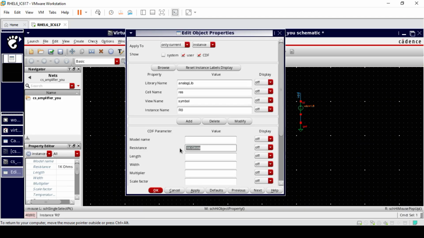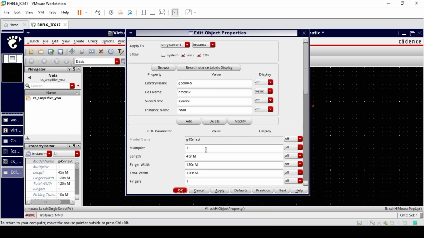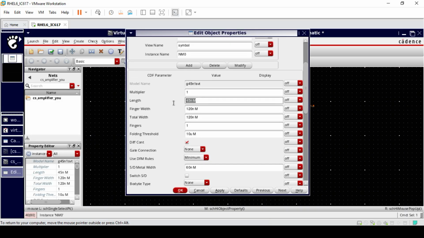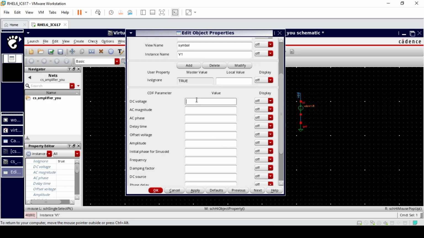I am keeping this one as a parameter RD, and the length and width of the device I'm also keeping as parameters. So the length of the device is L, the width is W, and here the DC voltage source. We have to make sure two parameters are mentioned for the transient analysis. One is the DC voltage source; a biasing voltage also needs to be given.